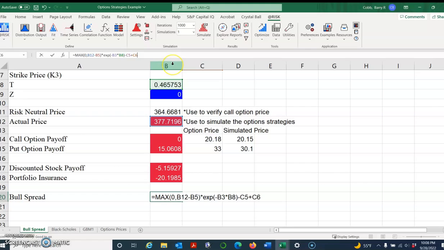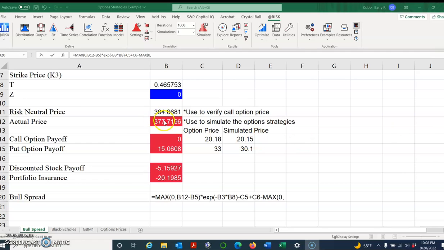Now, we don't have to own this option to be able to sell it. Brokers can help conduct this transaction. But the effect is that we would receive the price, and because we're selling the option, we would pay, so we would subtract the payoff of the option.